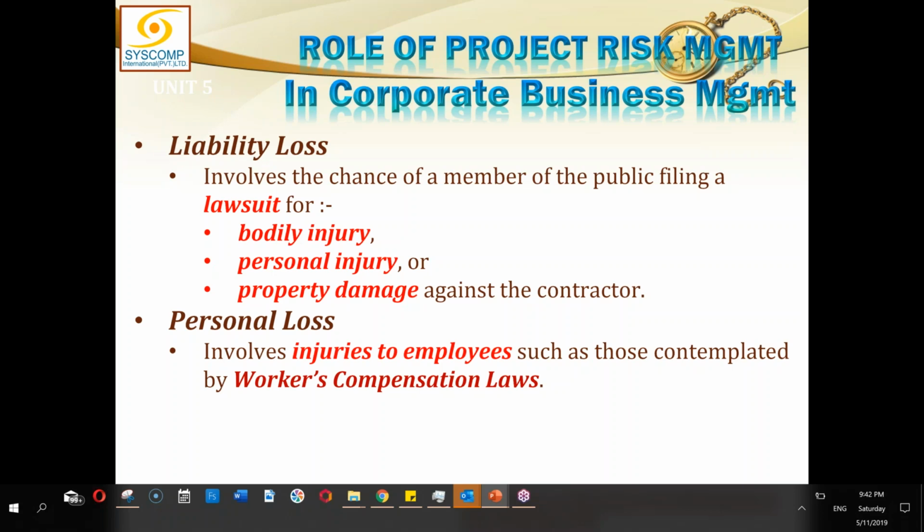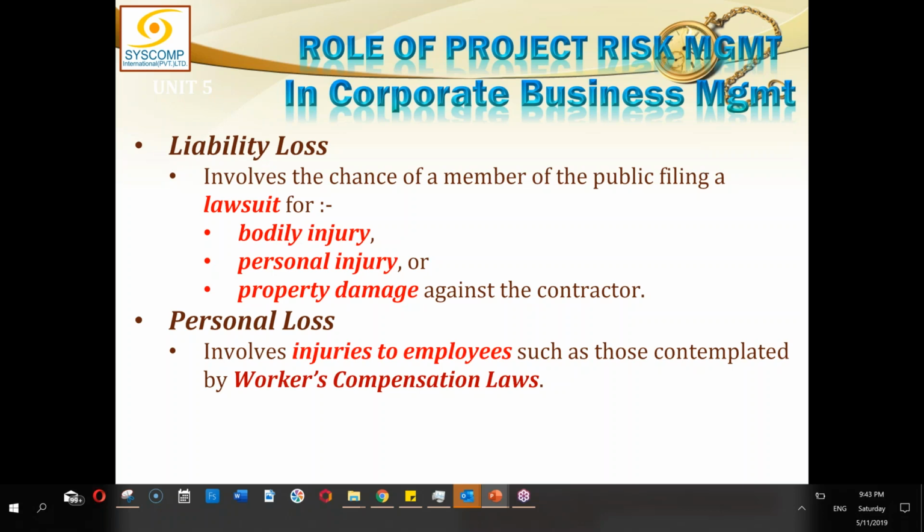So whatever your business is producing, the product of the business has caused some damage to someone, and that person has sued you, and you may have to face a huge loss for that. That is a liability loss which has occurred to you.